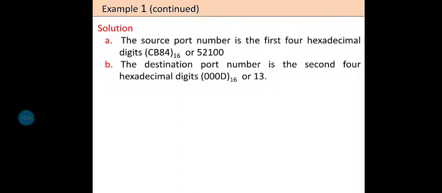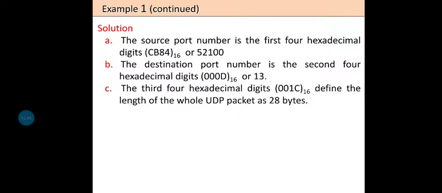So 13 is a well known port number, and that is used for the server, whereas ephemeral ports are used for client services and well known ports are used for server services. The third 4 hexadecimal digits, 001C, define the length of the whole UDP packet as 28 bytes.